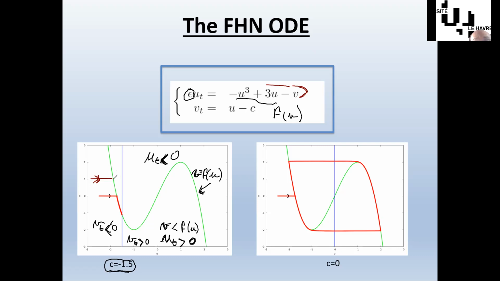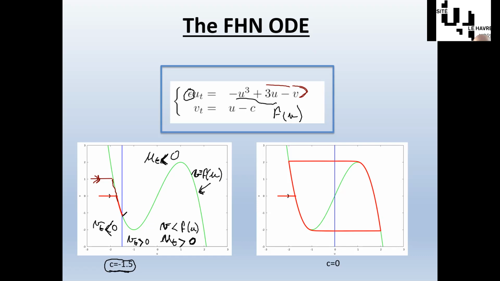But v_t is negative, so I have no choice, I have to decrease here. And I'm stuck here because u_t is very large, so I cannot escape this curve. So I'm going there, and in this case, my stationary point is here, so I'm converging to this solution.